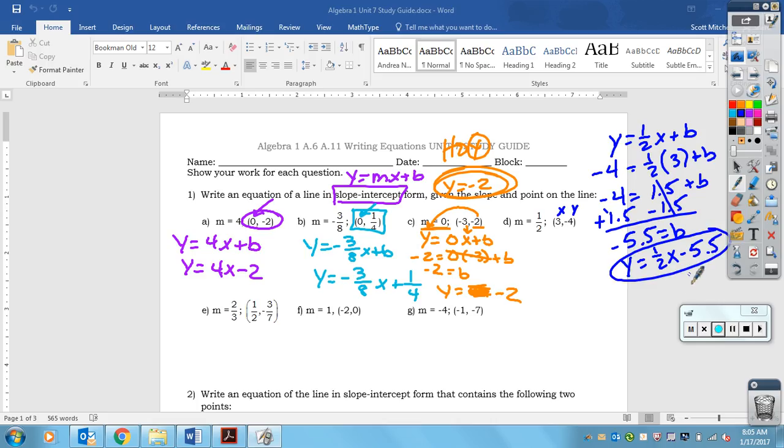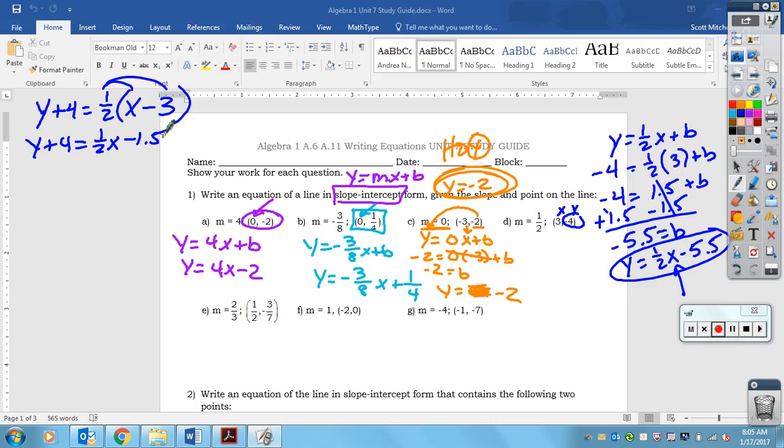One of the more common mistakes students make is they forget to put the x. Please don't forget to put the x. You could also do this problem by doing point-slope form, where you have y minus negative 4, which means plus 4, equals 1/2 times x minus 3. Let's distribute. Y plus 4 equals 1/2 x, and 1/2 times negative 3 is negative 1.5.